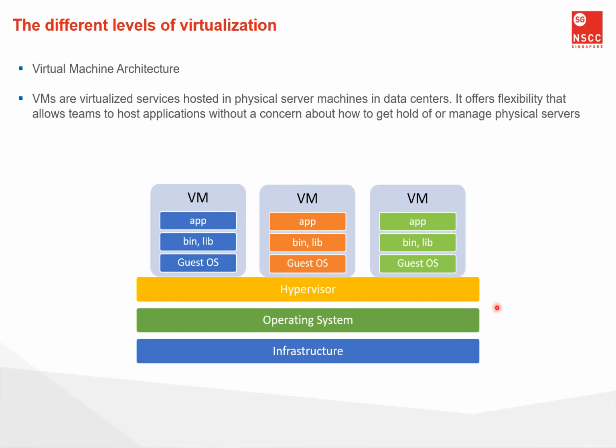This operating system could be similar to the operating system of the hardware itself, in the sense that this could also be a Linux operating system, and the original hardware is also running Linux. But the guest OS can also be running a different operating system, for example Windows, or a different version of Linux from the hardware's operating system. And the application suite as well as the libraries in each of these virtual machines could be completely different.